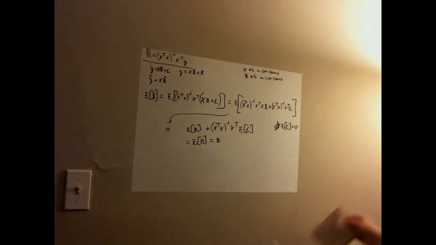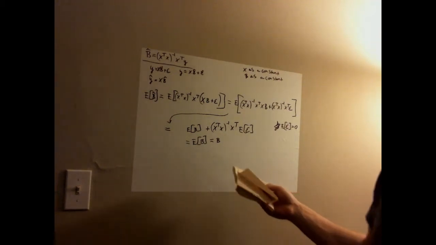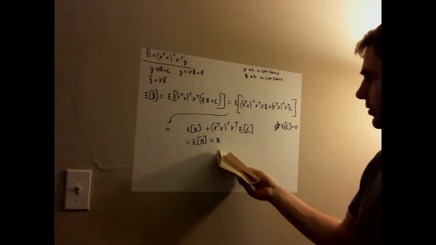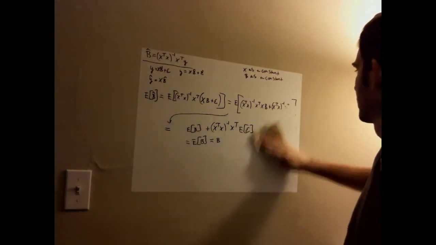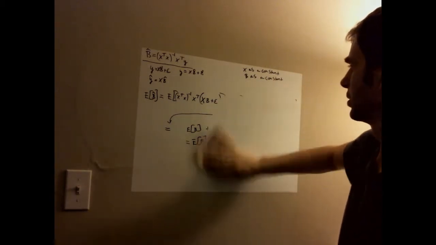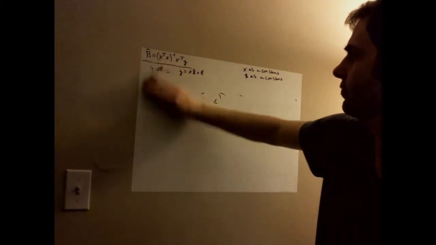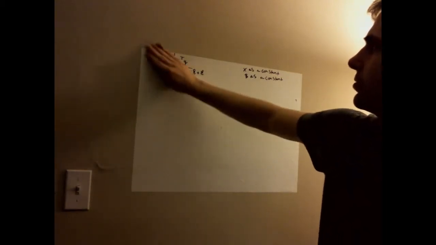So now that we've found our expected value, we're going to find the variance of our estimator, the variance of beta hat.